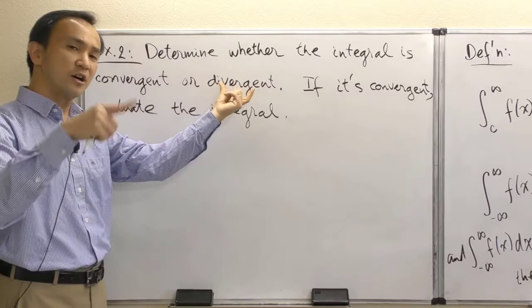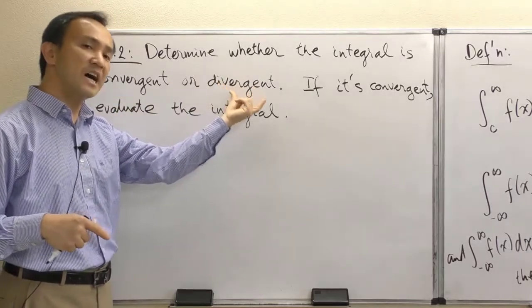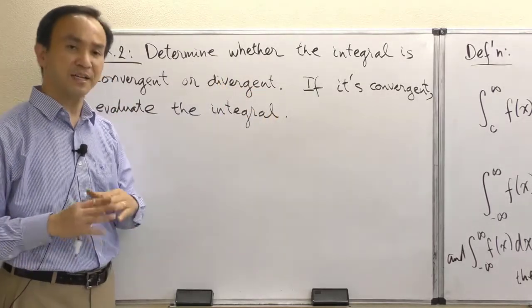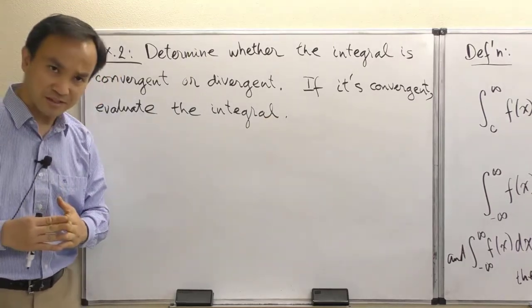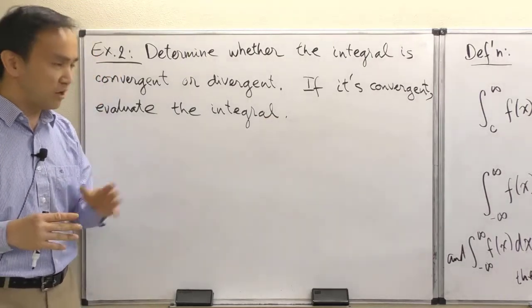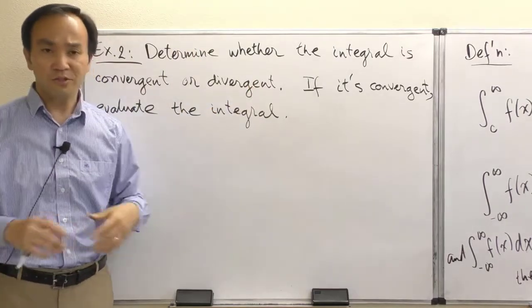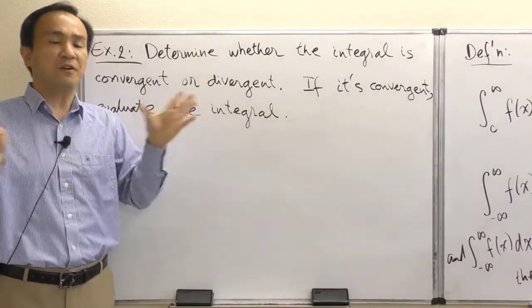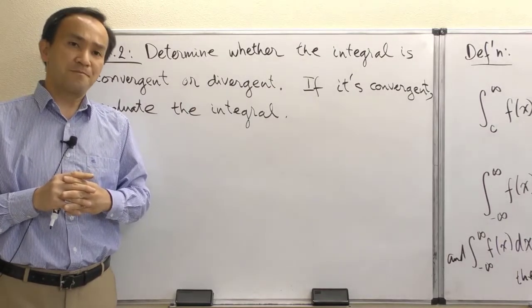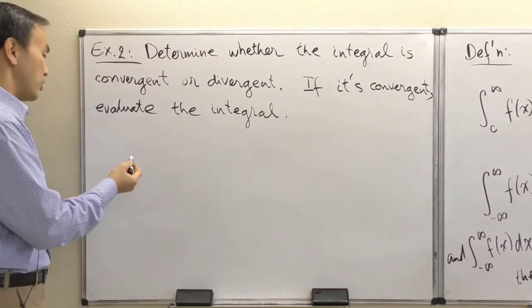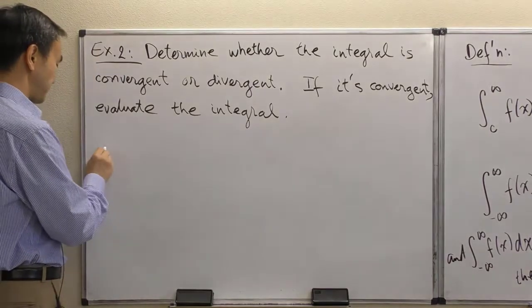Otherwise, as long as we can prove that it's a divergent one, then we stop right there by making that final conclusion: the improper integral is divergent. Okay, that's all it needs to be, and we don't need to find any final numerical value at all. Okay, so now let's get started with our first problem in this example.